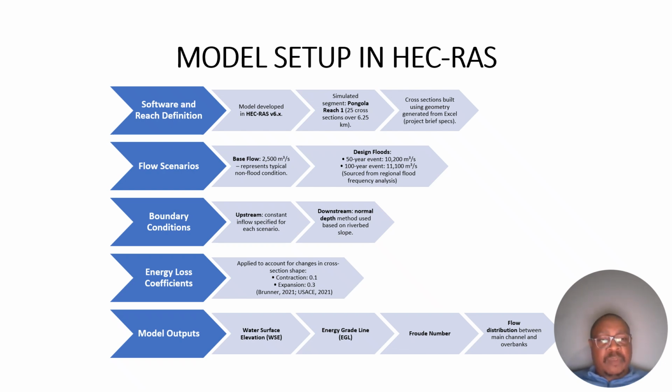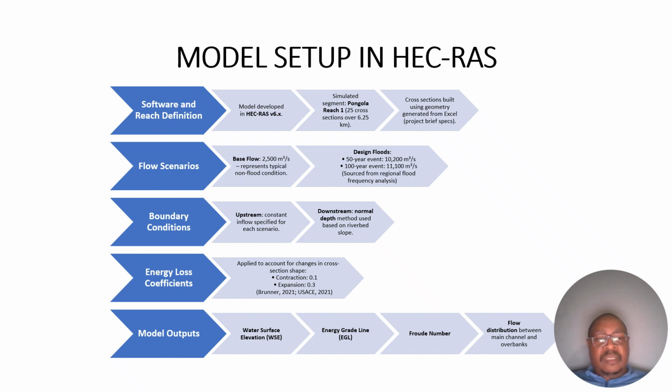And then if you look at the flow scenarios, the flow scenario is based on 2,500 cubic meters, and then the design floods are 1:50 and also 1:100. That is the scenario for the flow.